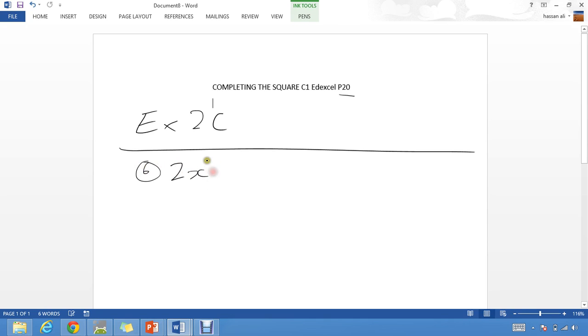Okay, we've got 2x squared plus 16x. Now what you do, you take the 2 out, so we're kind of factorizing, if you like, and then it's x squared plus 8x. Now you just treat this as a separate entity.